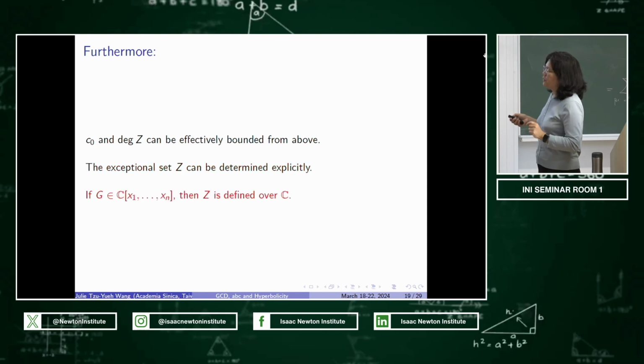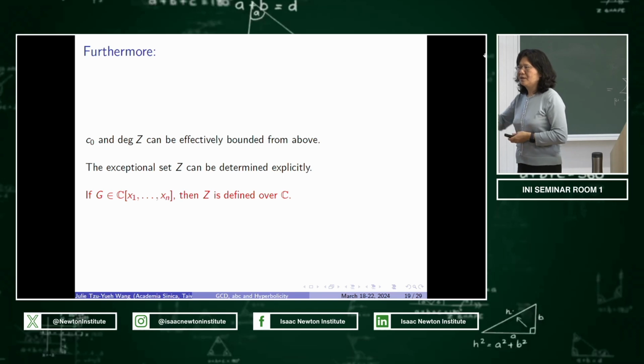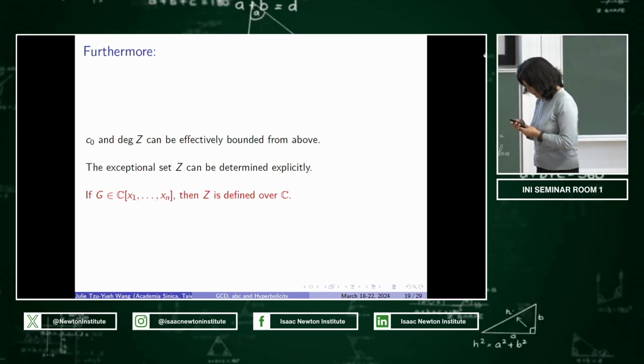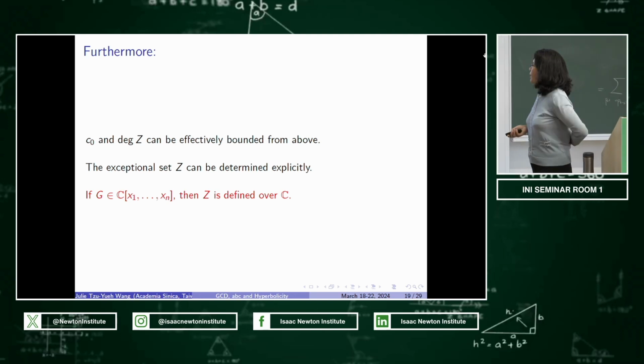And finally, we solve the case where you start from over a constant, and the exceptional set has to be defined over a constant. So this would go back to complete the part of this classical case.